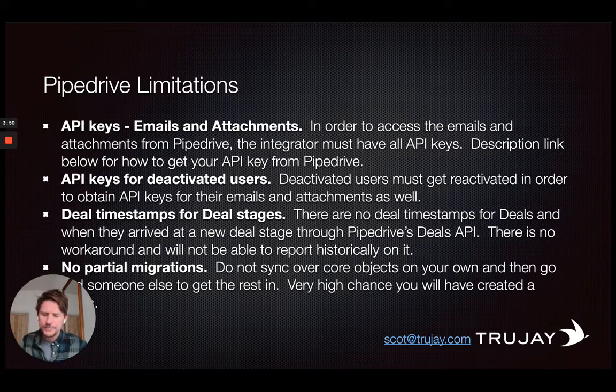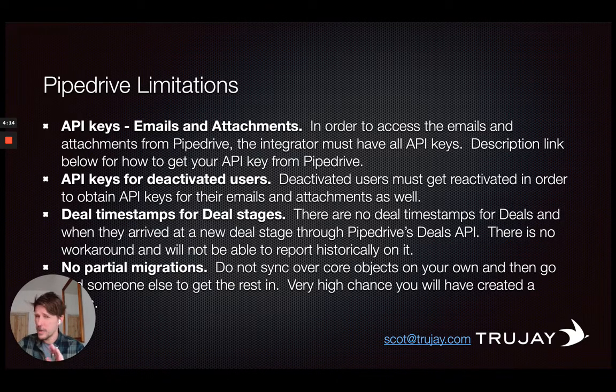And then the other limitation I want to talk about is something that no one can do anything about, and that's the deals and the timestamps on the deals for when they arrive in a deal stage or how long they have been in a deal stage. That timestamp does not come with deals through the Pipedrive API.